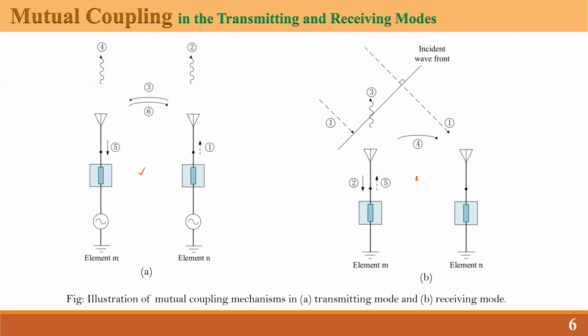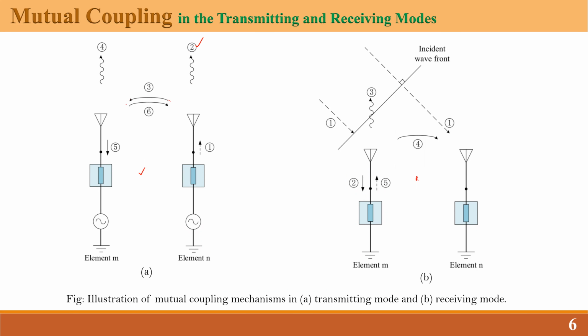Due to the current distribution, it radiates like this, and some of the signal also radiates like this. So some signal goes like this, call it 2, and some signal, 3, also goes like this.